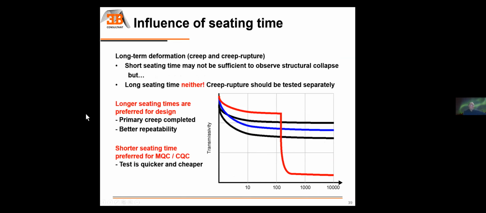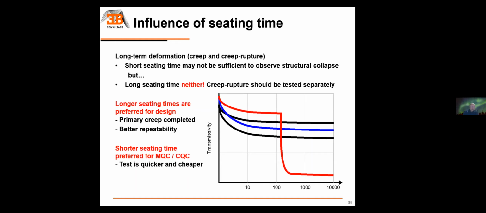Another factor is the seating time. So my graph here could suggest that it can be completely dramatic. No, usually for the seating time, we're going to see some significant difference between measurements taken after a few minutes, after 15 minutes, after 1 hour, compared to what they're going to be after 24 hours or 100 hours.